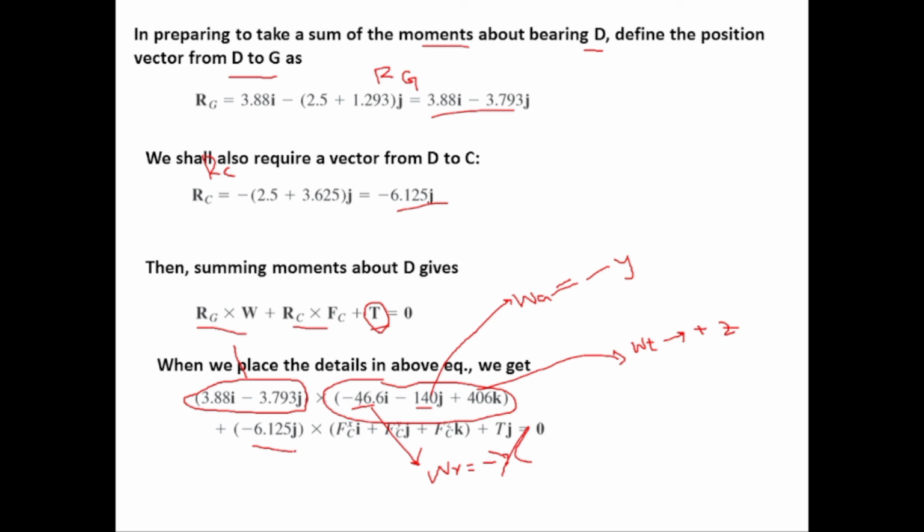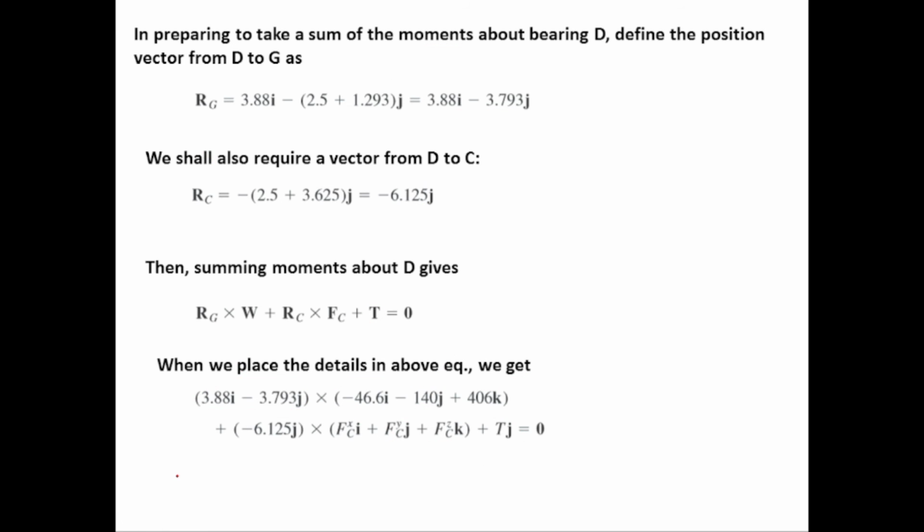This is RC. This is FC. All of its components were initially taken to be in positive directions. This is the torque which is taken to be in positive Y direction, and it is the torque on the shaft. The torque was written like this.